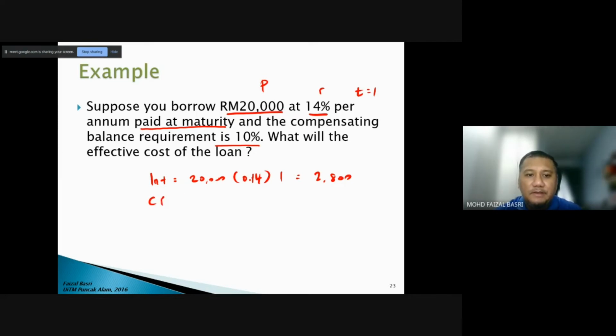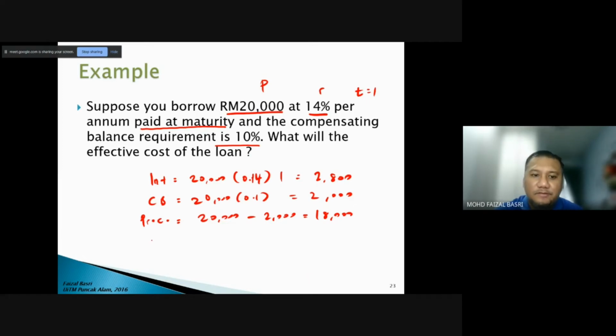Your CB, compensating balance, is 10%. So 20,000 times 10% is 2,000 ringgit. Okay, this is your CB. We don't need to minus interest as part of your proceeds. So for your proceeds, you borrow 20,000, but you need to minus the 2,000 CB requirement. So the amount that you can use is only 18,000 ringgit.